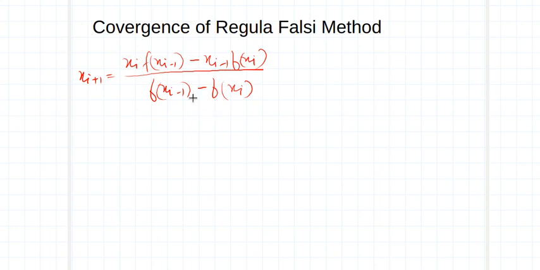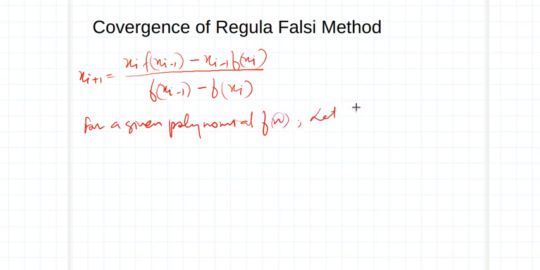But let us assume that for a given polynomial f(x), let f(ξ) be equal to 0, right? So that means this ξ is the actual zero of the given polynomial.